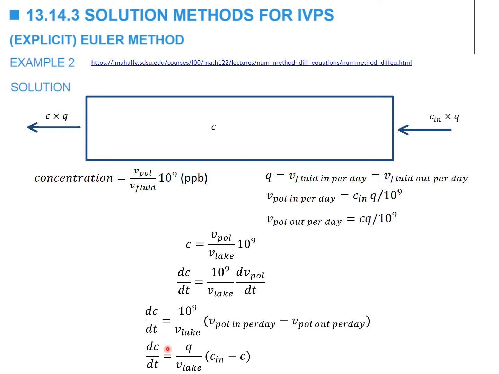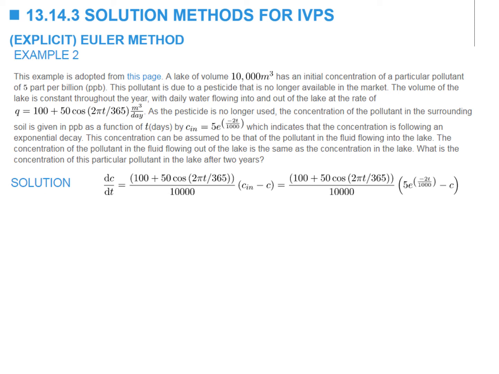So C is the function that we're trying to approximate, or find, over time. And so this is the expression after we substitute the volume of the lake, Q and C in.